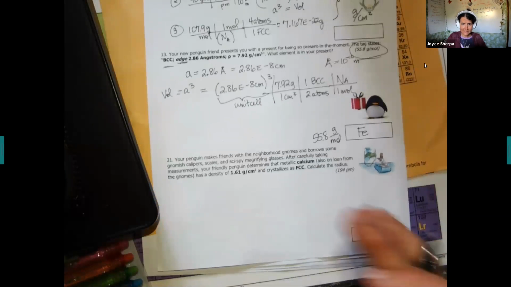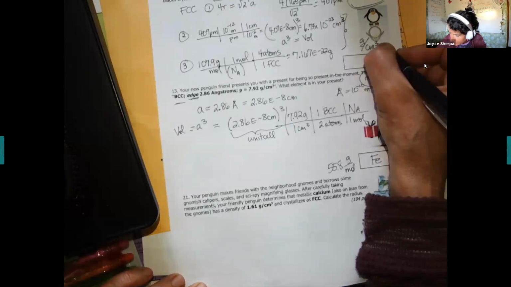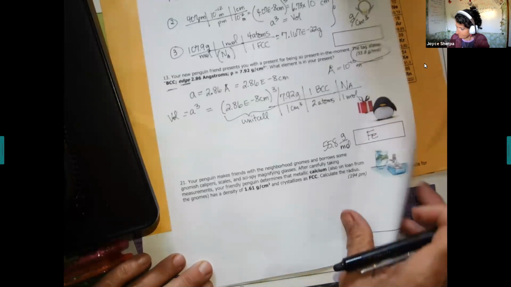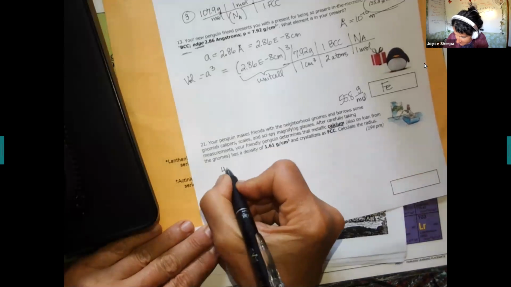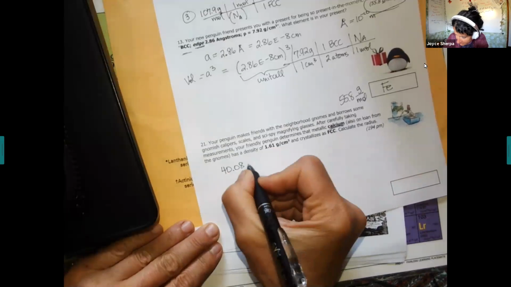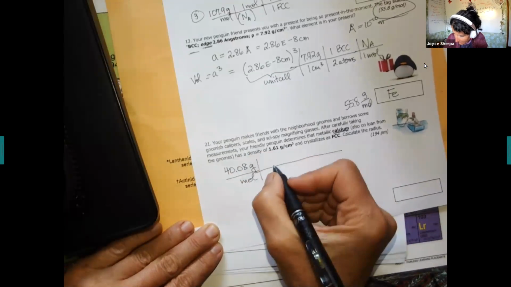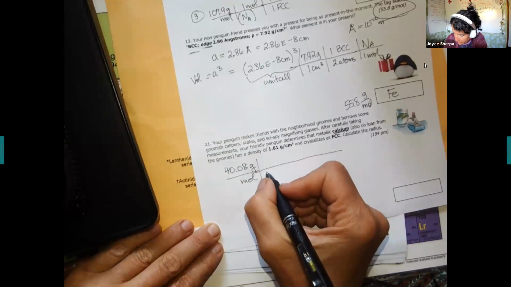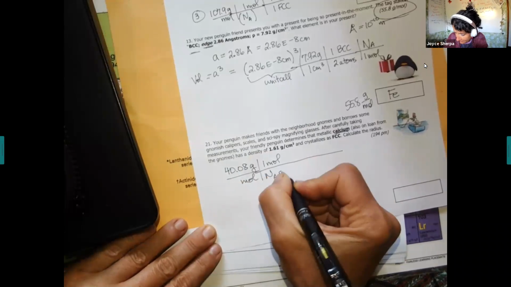All right, and then the last one. This was just the 3 different types, like what we did in the lecture last week. We know it's calcium, so I'm going to start with that piece of information, 40.08 grams per mole. Then we have Avogadro's number, so 1 mole is Avogadro's number of atoms.